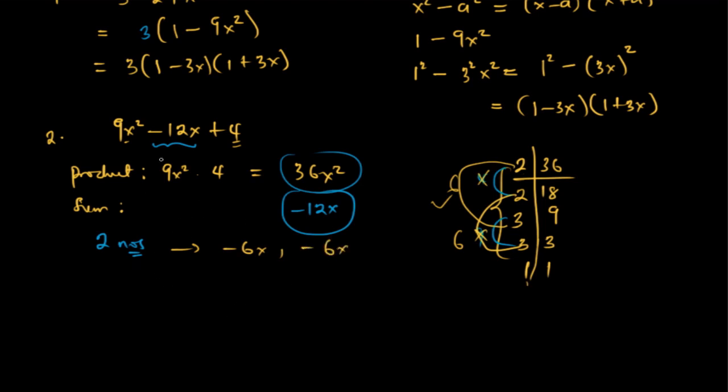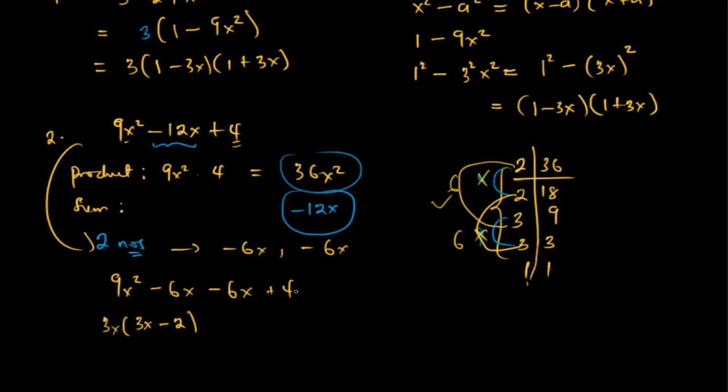What I'm going to do next is replace what I have here by those two numbers. So we're going to have 9x squared minus 6x minus 6x plus 4, and then we factorize. What's common in 9x squared and negative 6x? That's 3x, into which we have 3x minus 2.